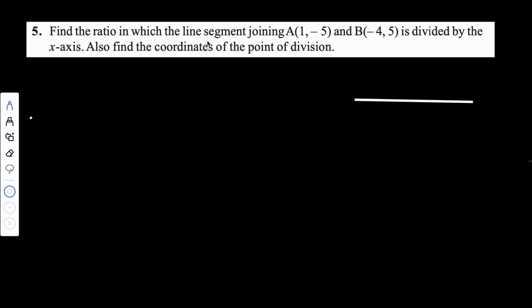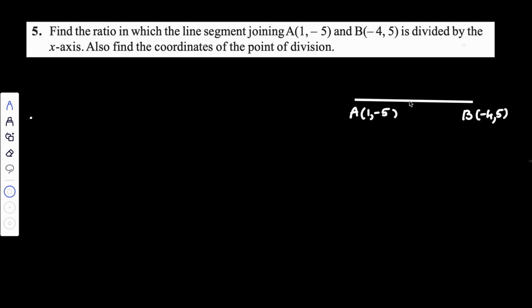We are going to the fifth question. Find the ratio in which the line segment joining A (1, -5) and B (-4, 5) is divided by the x-axis. Also find the coordinates of the point of division. So here the points are given. A is (1, -5) and B is (-4, 5).